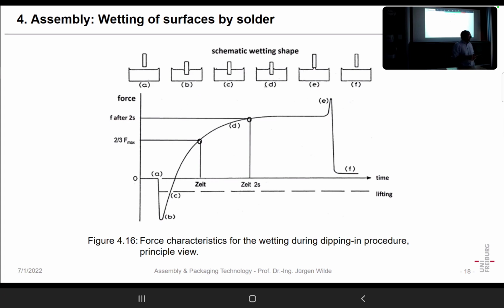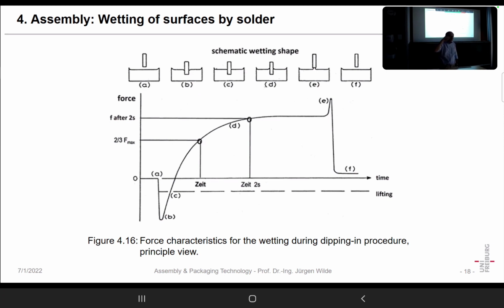But in industry, you want to have something quantitative, and to that purpose, a so-called wetting balance was developed. A wetting balance is a machinery which dips a piece of material into a molten solder.